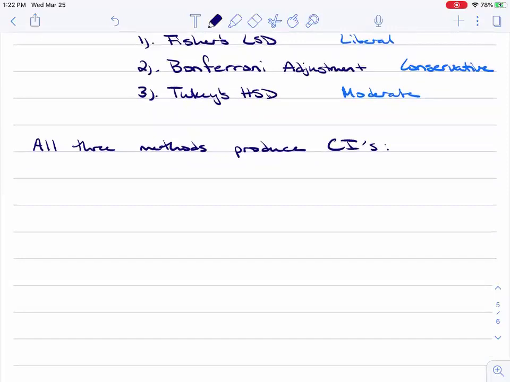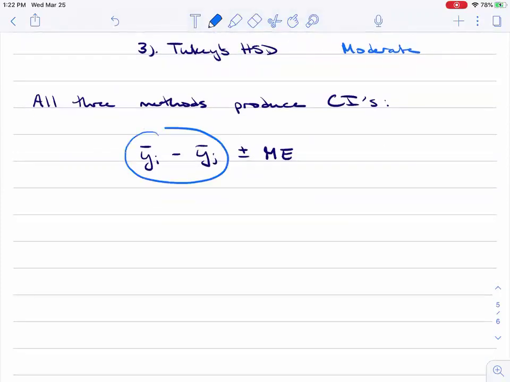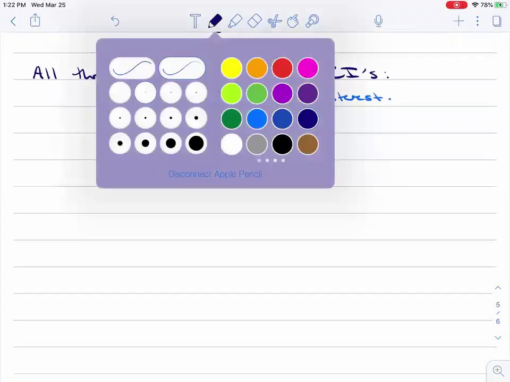Okay. And they all look like ȳi minus ȳj plus or minus some margin of error, right? So this here is the difference of interest. It's going to look at all the different combinations of i and j and build some confidence interval around those differences.